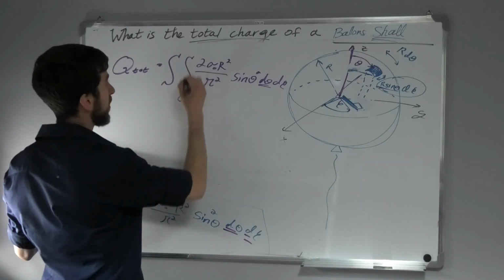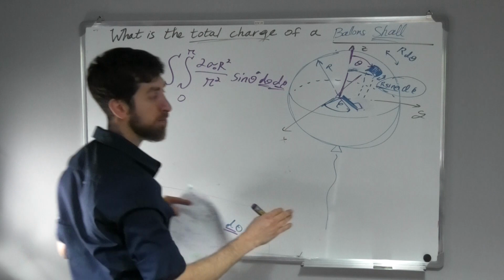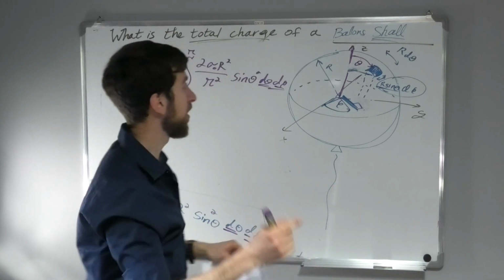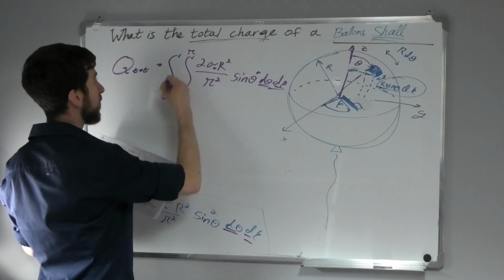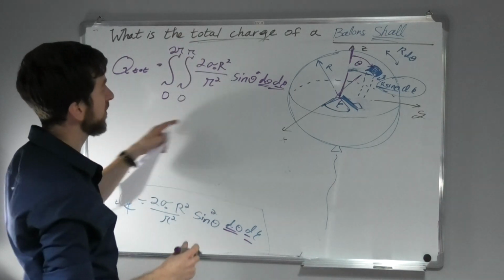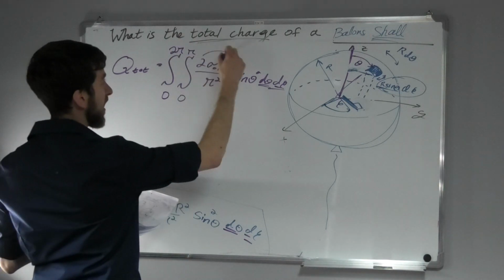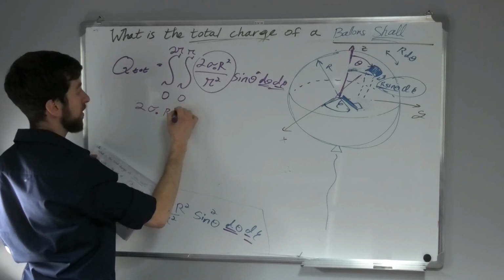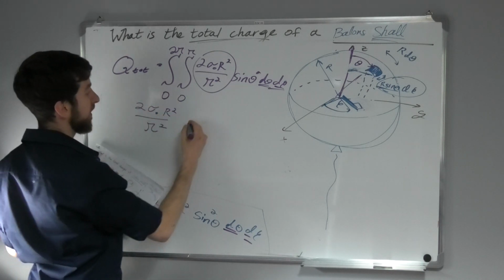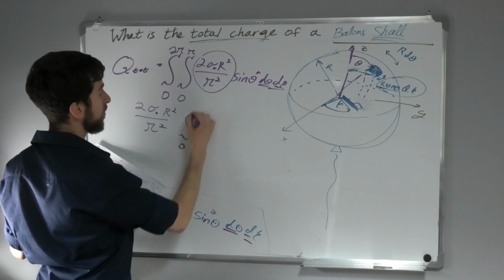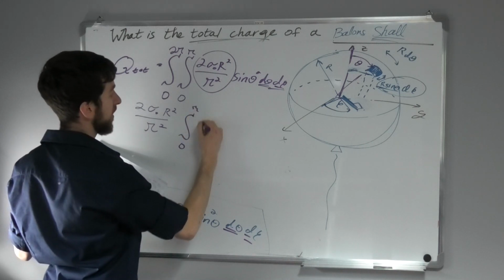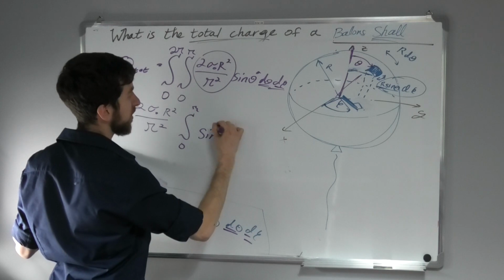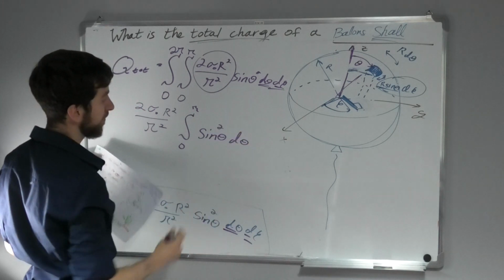So this is from 0 to pi, and how much can I turn around? 360 degrees, which is 2 pi in radians. So this is the idea. Let's take the constant out, which is 2 sigma 0 r squared over pi, integral 0 to pi sin squared theta d theta, right?